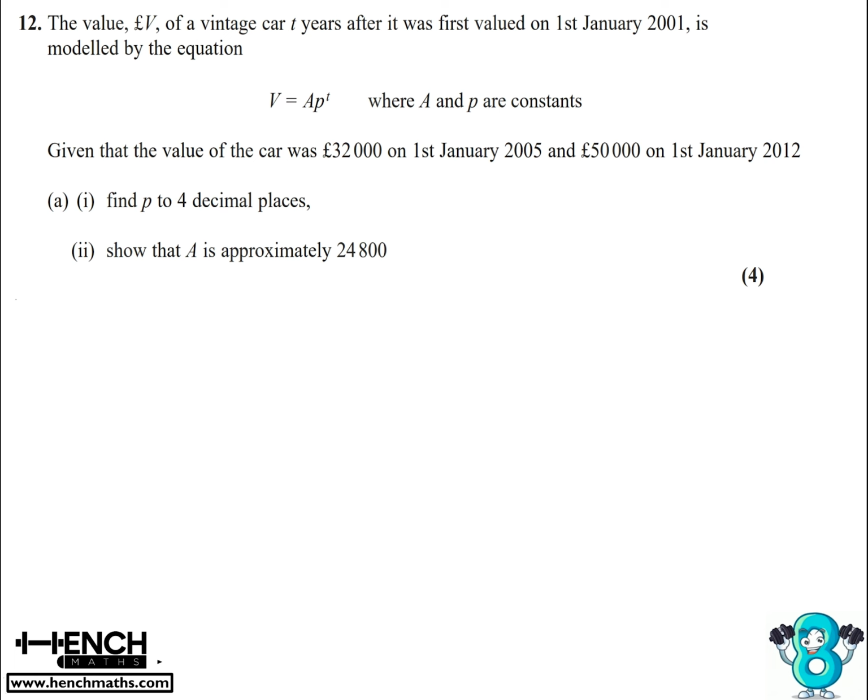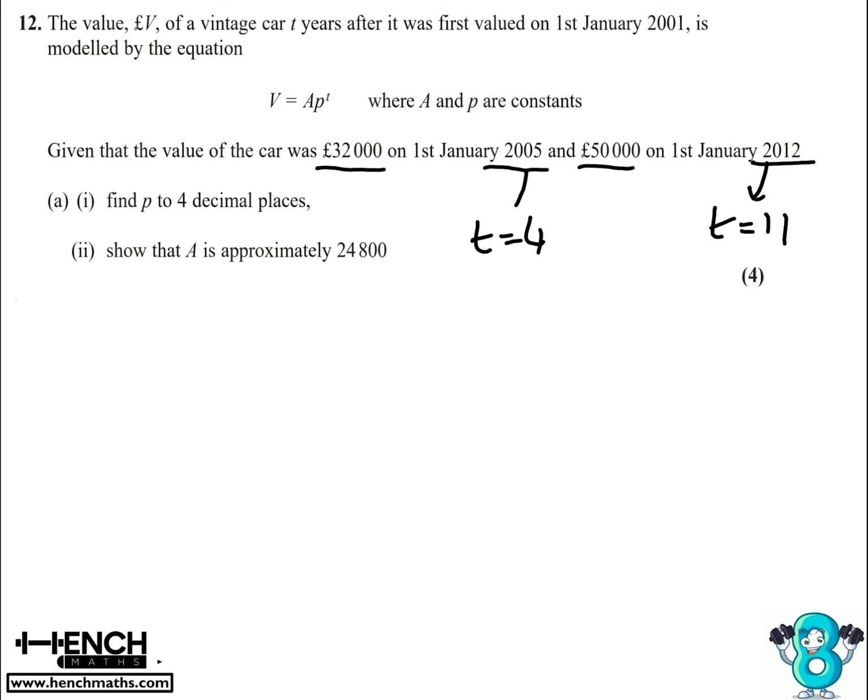So in part A, it says that the value of the car was 32,000 on the 1st of January 2005. If we started in 2001, this is 4 years, so T is 4 here. And then it's 50,000 in 2012, so I'd say that T is 11 there. So let's make some equations and we can solve them simultaneously.